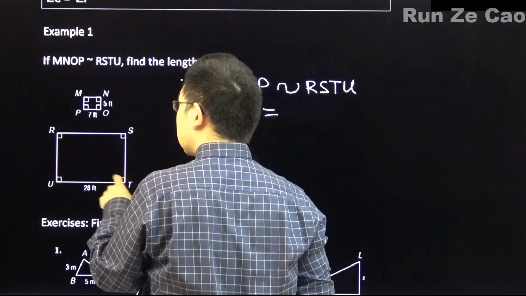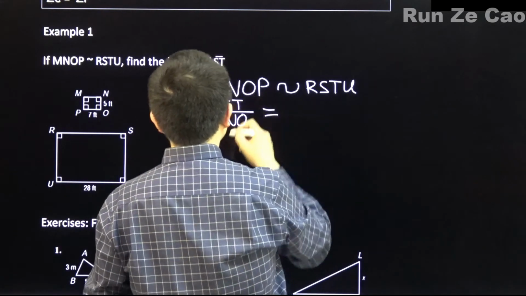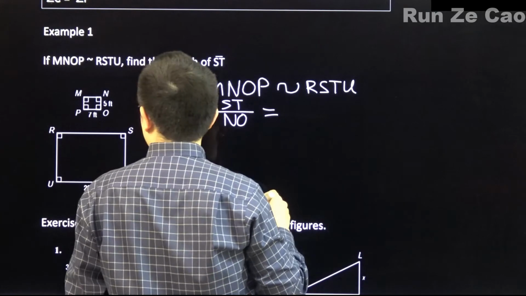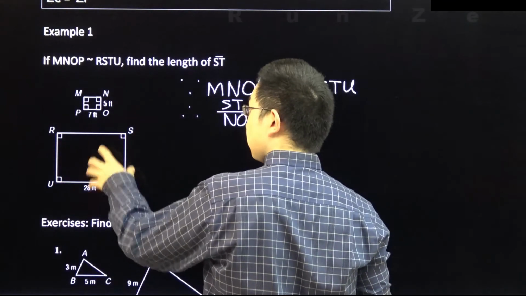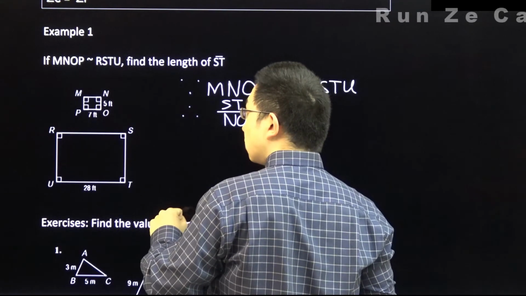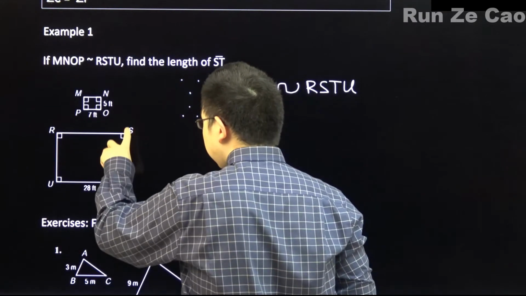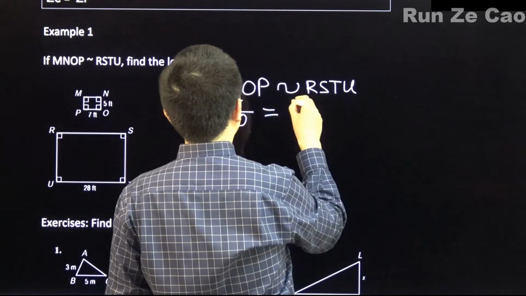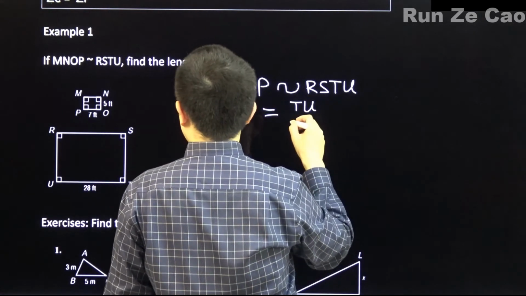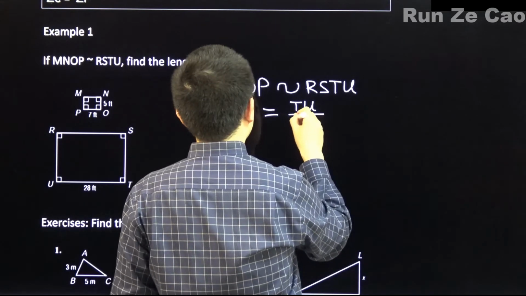Or rather, we should say that TU corresponds to OP. We need to make sure that we're comparing the bigger shape to the smaller shape, or rather, one shape to another in the same order. Equals TU over OP.